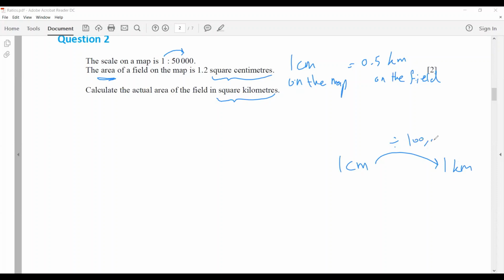So if you do that here, you get 0.5. So 1 cm on this map, according to this ratio, is half a kilometer. And then the area on the map is 1.2 square centimeters.